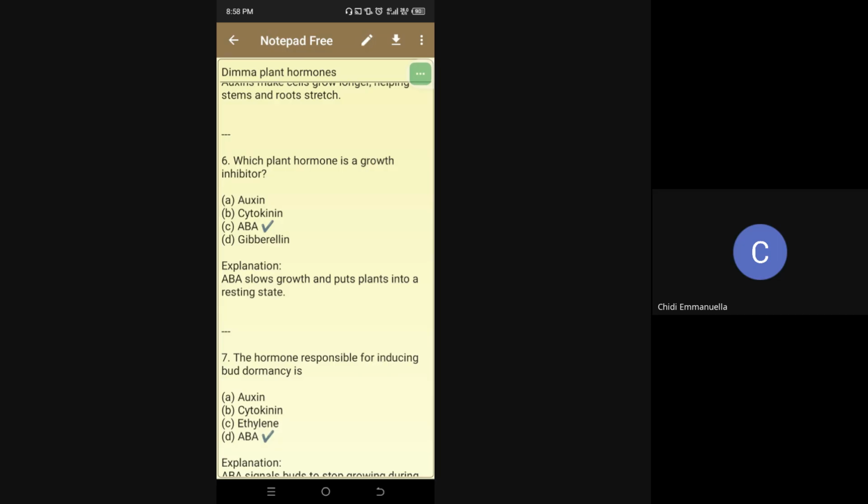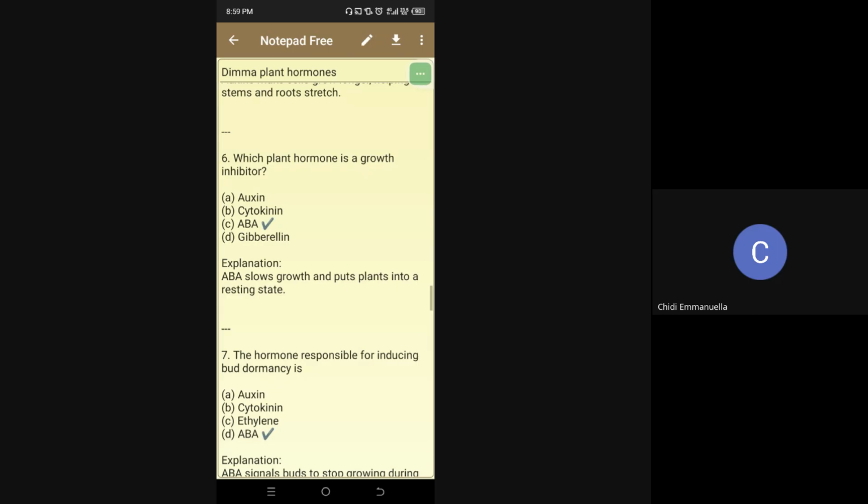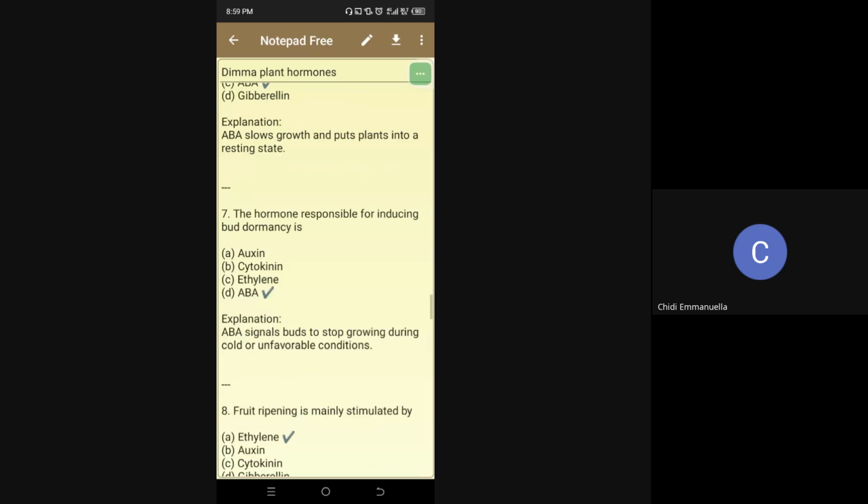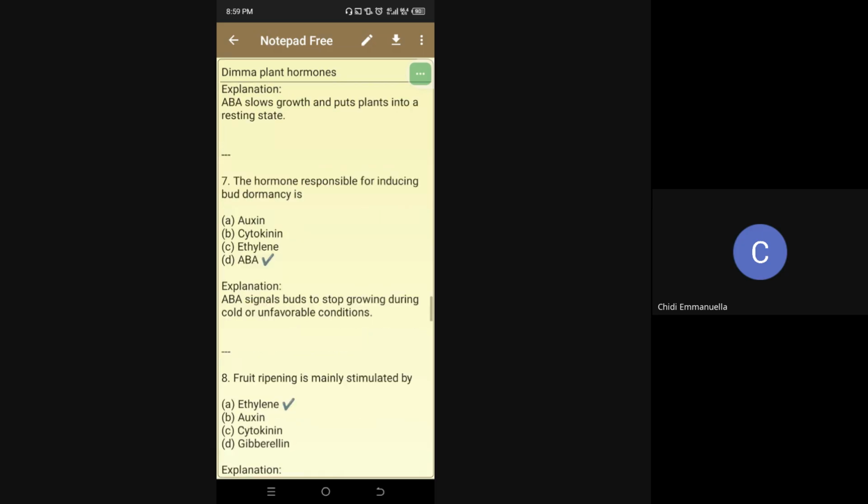Abscisic acid. Remember? Abscisic acid. That's the name of the hormone. So ABA slows growth and puts plants into a resting state. Number 7, mark. The hormone responsible for inducing bud dormancy is what?